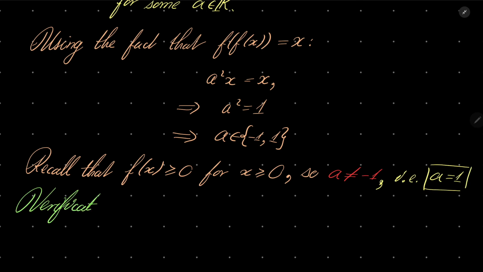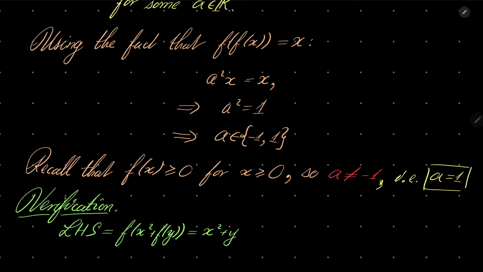So we have now only one function to be verified, and verification is straightforward. The left-hand side of our functional equation is f of x squared plus f of y, and that is x squared plus y. And this is exactly the same as y plus f squared of x, which is on the right-hand side.